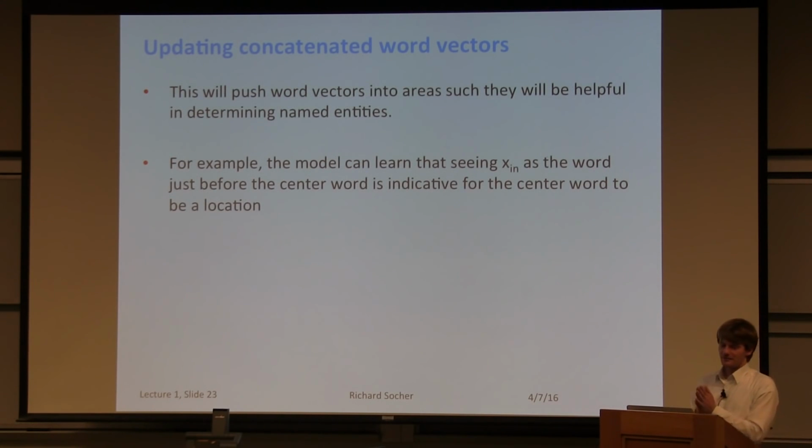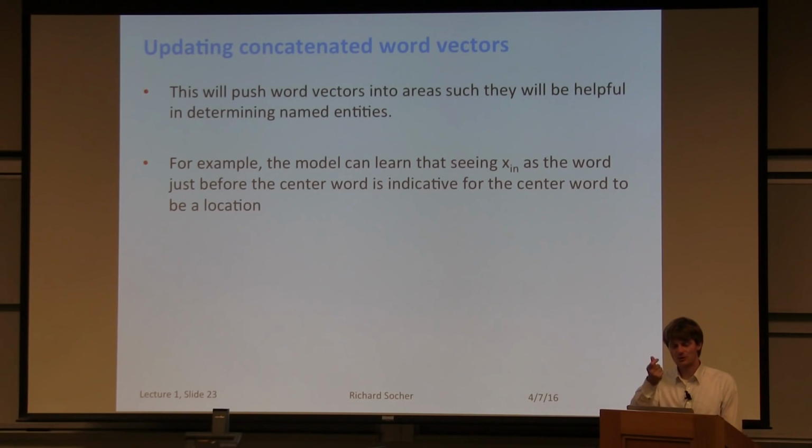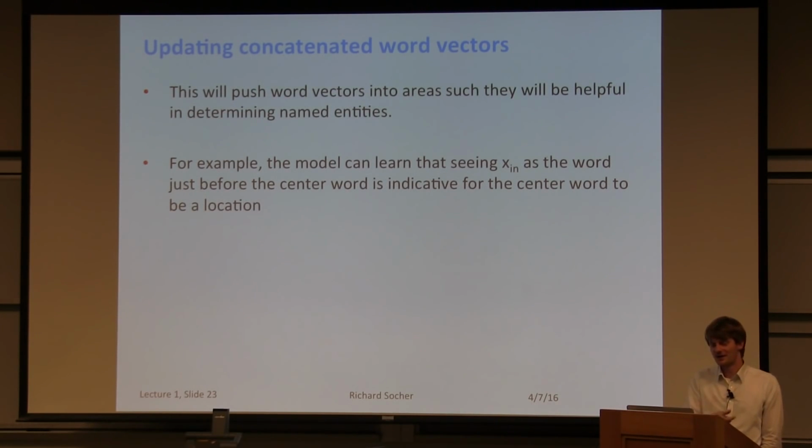All right, so now this will again push the word vectors into areas in a way that will be helpful to determine the named entities for the center word. What intuitively this model can already capture is that when you see the word "in," for instance, as the word just before the center word, you already know that this is indicative of a location.